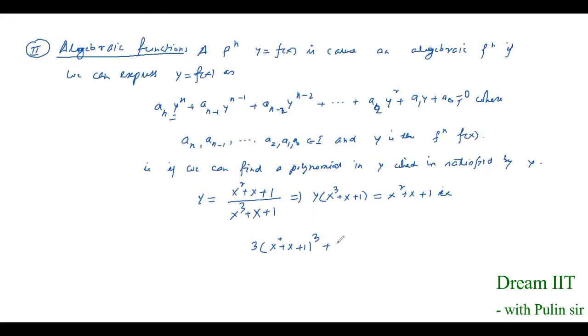Suppose this is 1, and then you are writing power, say square, may not be continuous power, it is not necessary, equal to 0. So that means this y equal to f(x) is satisfying this polynomial. So in that case, this y equal to x square plus x plus 1 is called an algebraic function. I have considered a polynomial.